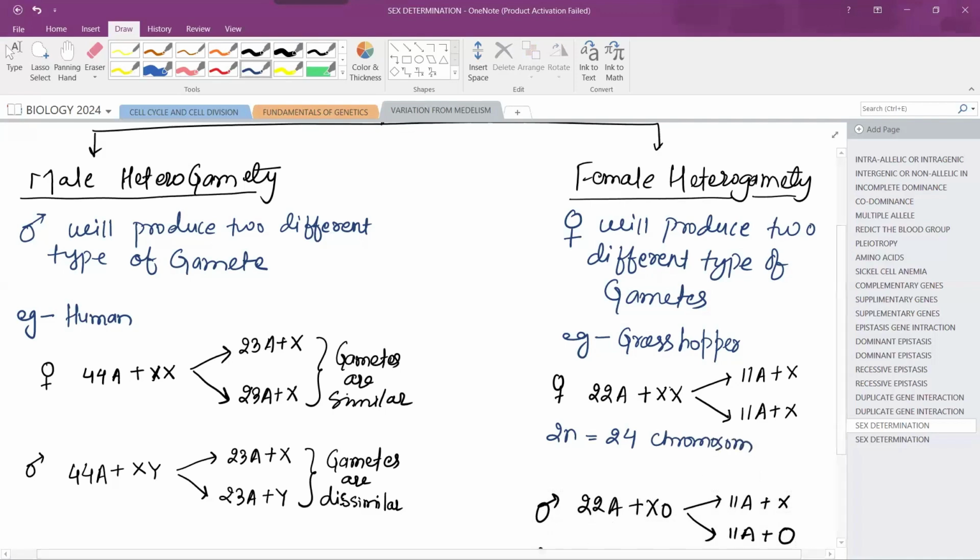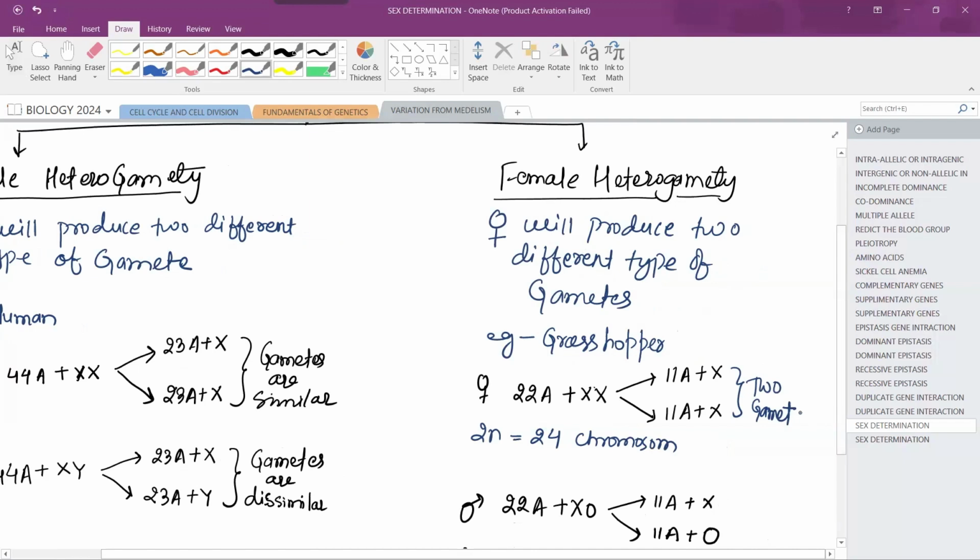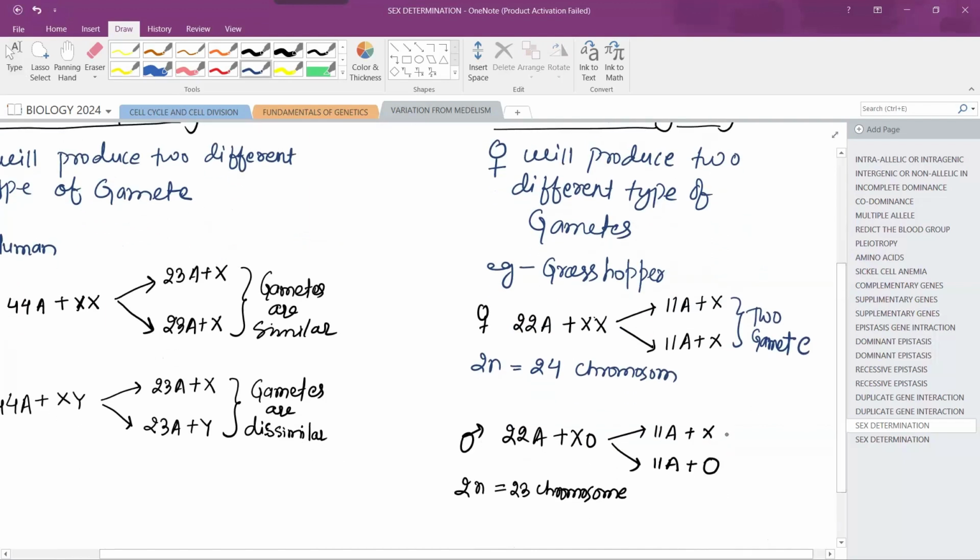Okay, so in case of grasshopper, how many types of gamete do we have? Two gametes. Two gametes, but here is only one gamete. In case of grasshopper, male produces only one type of gamete, that is 11 autosome with one X chromosome.